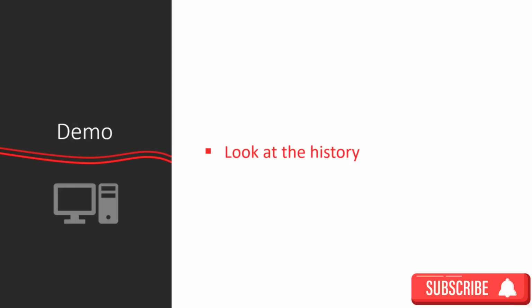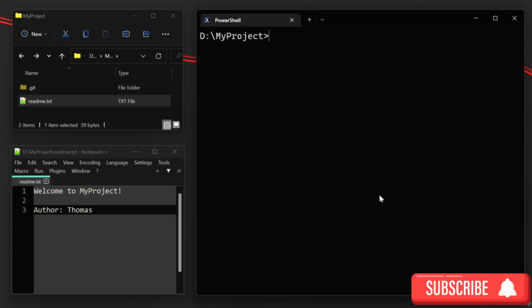In this demonstration, you will learn how to look at the history of your code. Let's switch to the command line. In the previous clips of this lesson, you have created 2 commits to our repository. You can take a look at these commits by using the git log command.